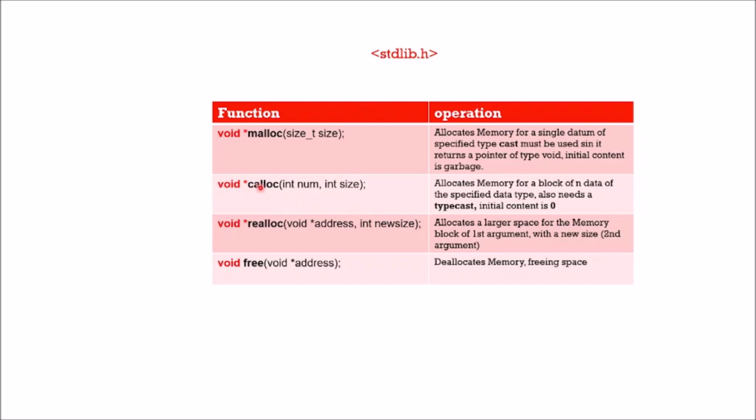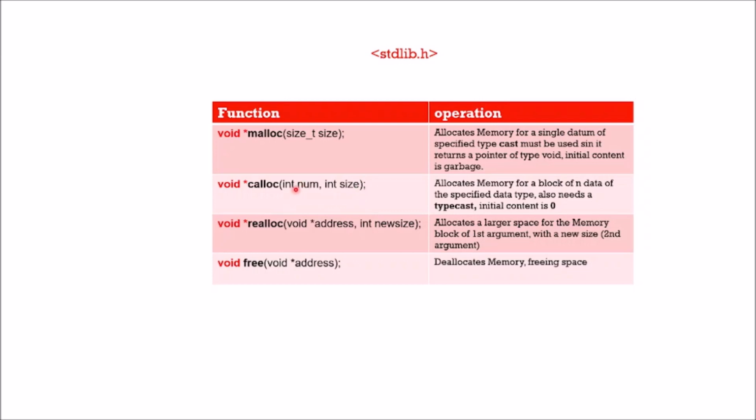Then we will use the function calloc, which will take two arguments and will return also an address, a pointer to void. But let's see what's the difference. Whenever you call calloc, you will have to provide two arguments. The first one will be the number of elements that we want to store, and the second one will be the size of the data type of the data that you want to store.